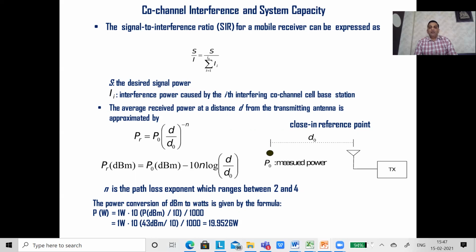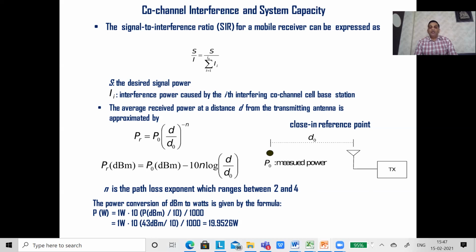Small d is the distance from the transmitting antenna, and D0 is basically a distance of transmitting antenna from the reference point having power P0. So D0 is basically a close-in reference point distance from the transmitting antenna.